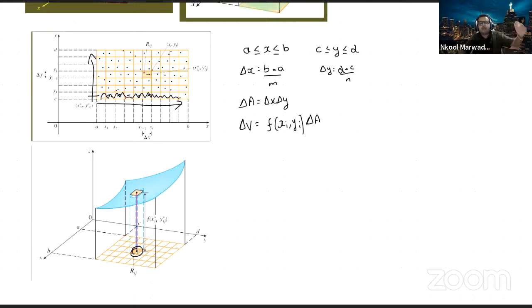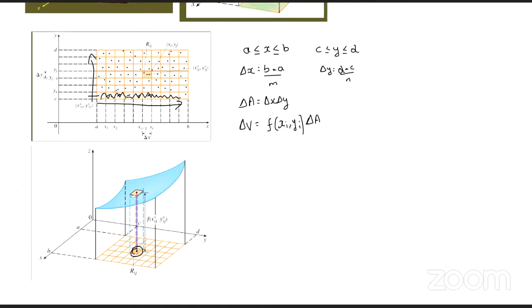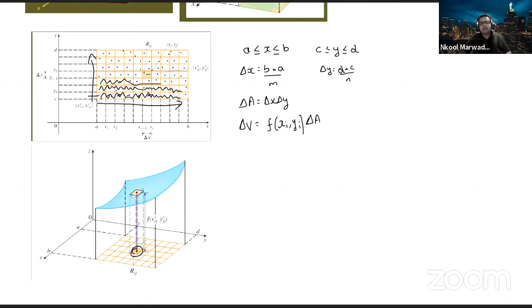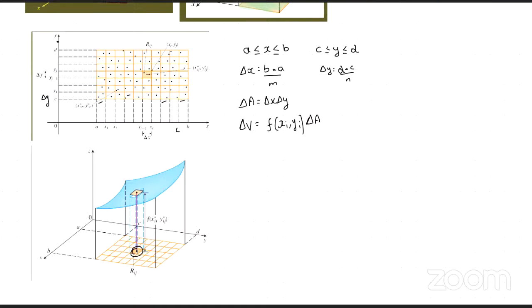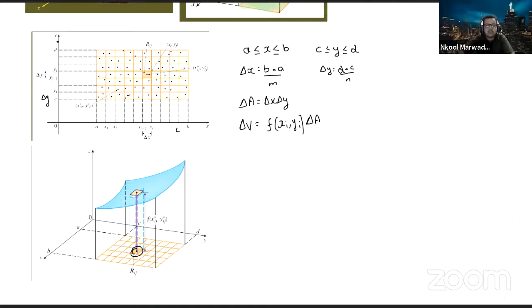Then I will go to the next row, get all the 3D rectangles and sum them up. Then the next row. And I have to do this for the total number of rows, which is n. And hence I get a double integration as the final one. So let us write it first, then we will visualize it.